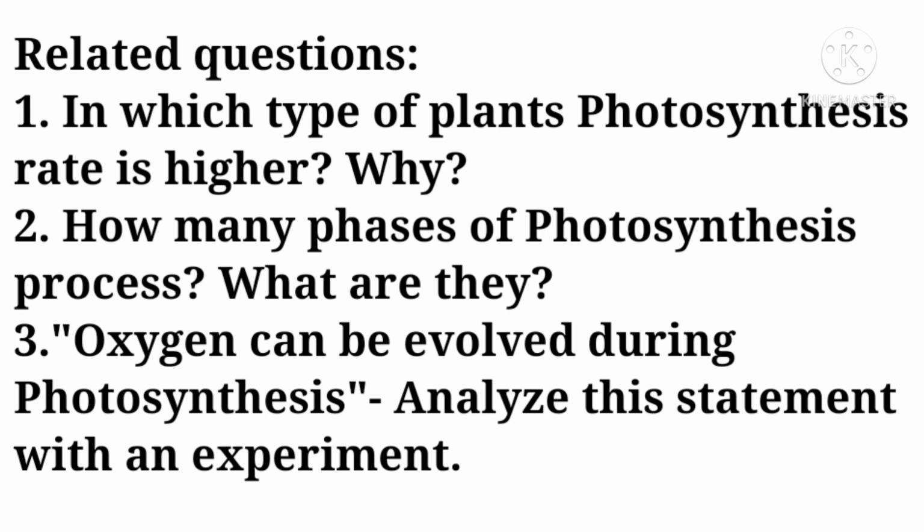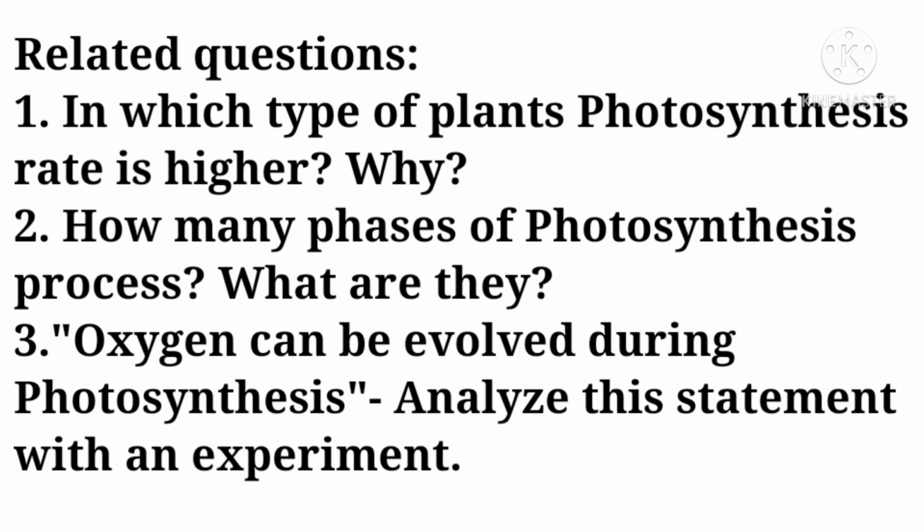So you have to identify the type of plants first, then write the reasons. So in terrestrial plants the photosynthesis rate is higher because terrestrial plants get more sunlight than aquatic plants.